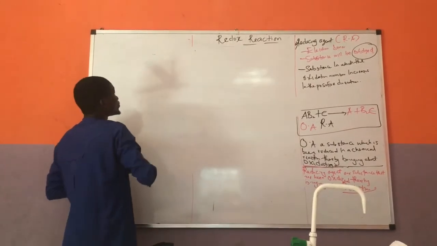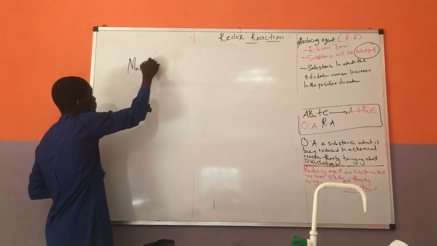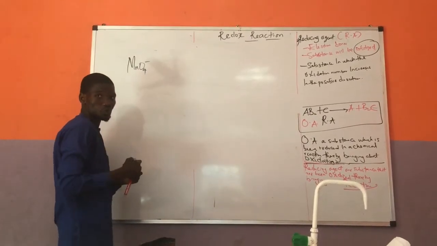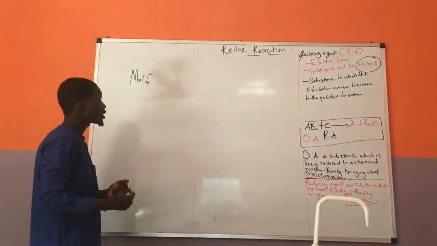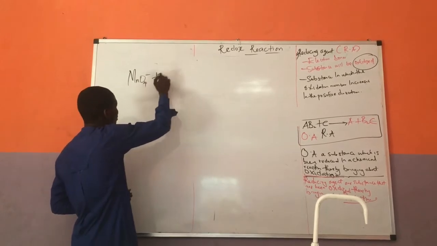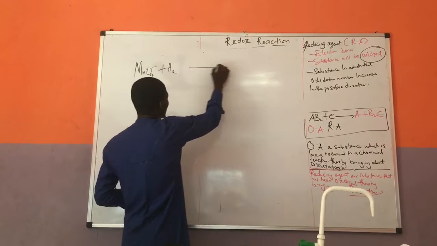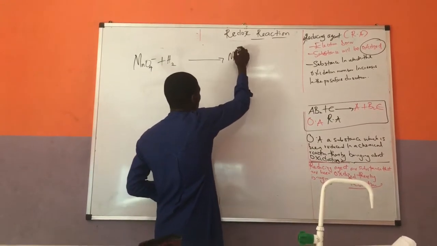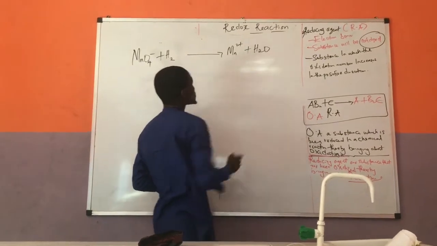So if we have this, are you listening now? This is one example of the kind of thing you are going to come across. Plus hydrogen, here we are, Mn2 plus H2.